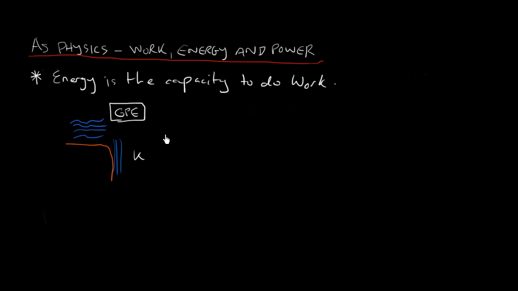So let's delete some of this and talk about the three types of energy that we're going to be dealing with in this course, really the main ones. The first type of energy is kinetic energy.